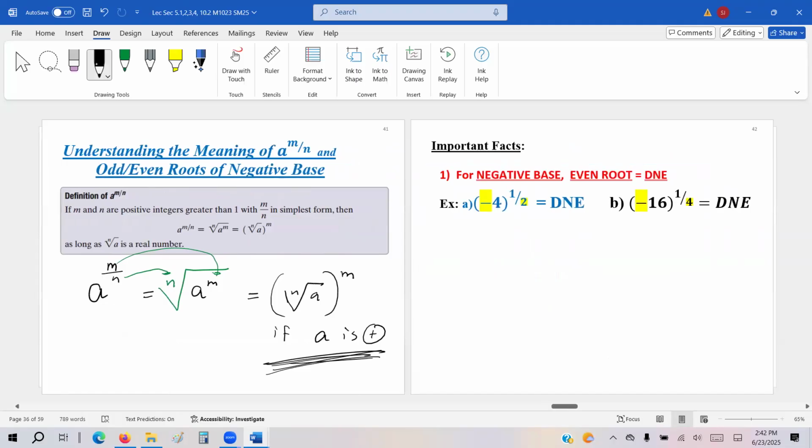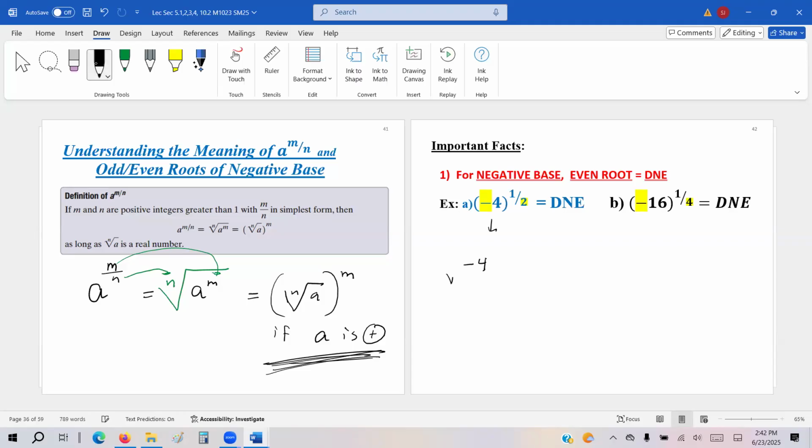And also the same scenario. Having a parenthesis or not having a parenthesis makes a huge difference. If you have a negative inside the parenthesis, but all of your denominators are even numbers, then it doesn't exist. Why not? For example, this one.